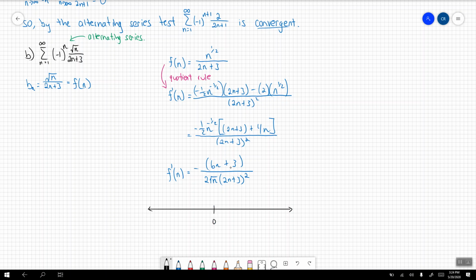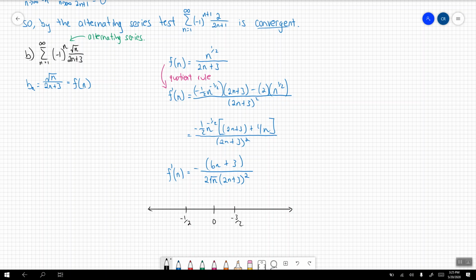The next value, I'm going to set this numerator equal to 0. So subtract 3, divide by 6. That should be negative 1/2. So I'll put negative 1/2 over here. All right, let's look for the denominator. The denominator here is going to be 2n plus 3, so that's going to be negative 3/2. So I'll put negative 3/2 somewhere in here.